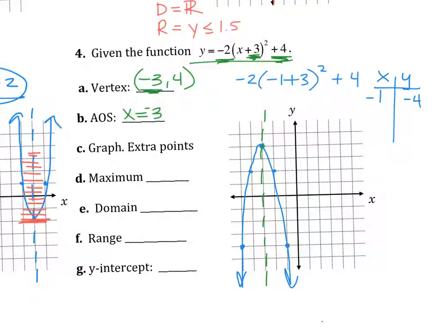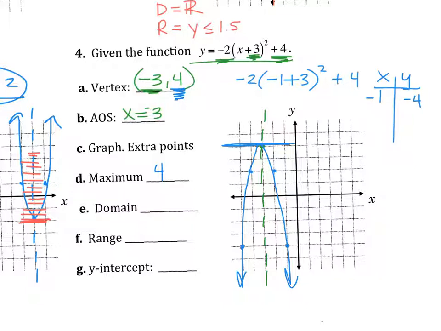What is your maximum? It's always the y value of your vertex. So your maximum, the highest point on your graph, is your y value of 4. It'll either be a minimum or a maximum, right?